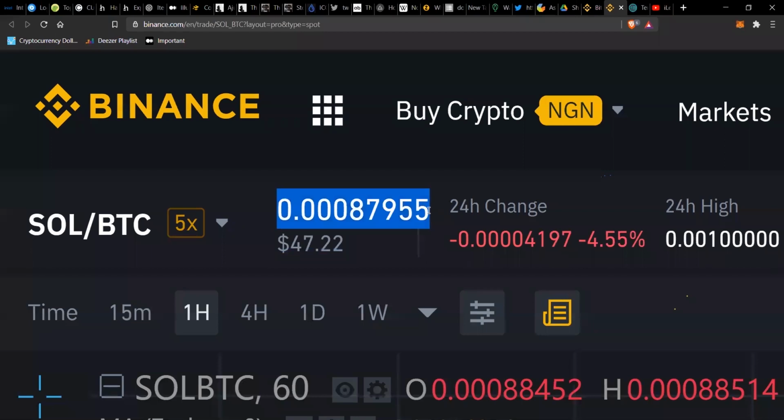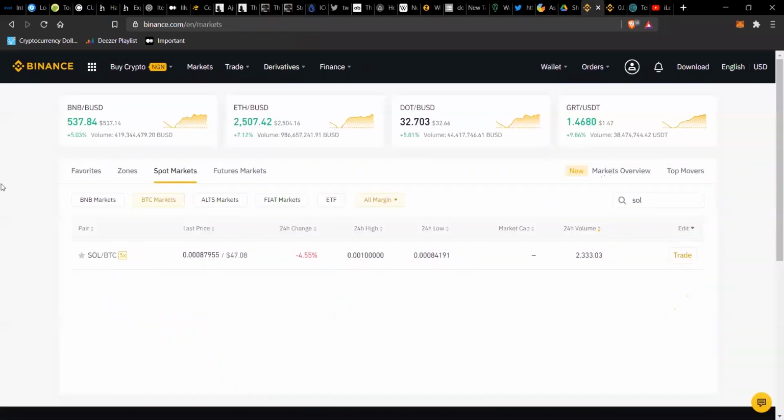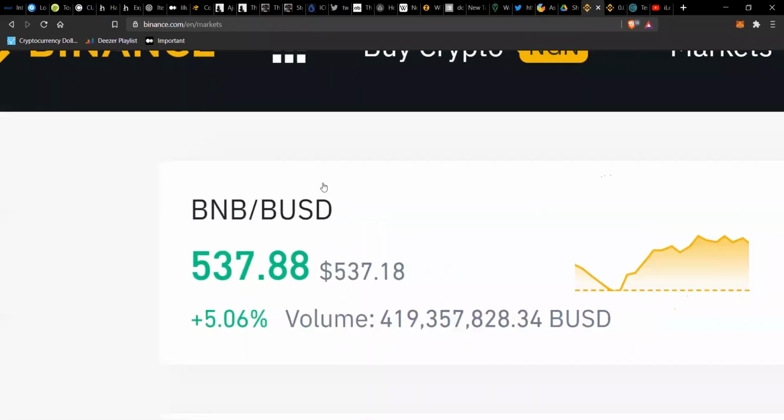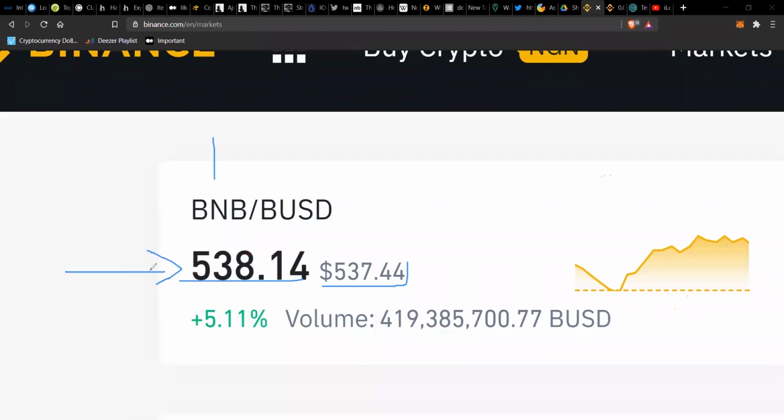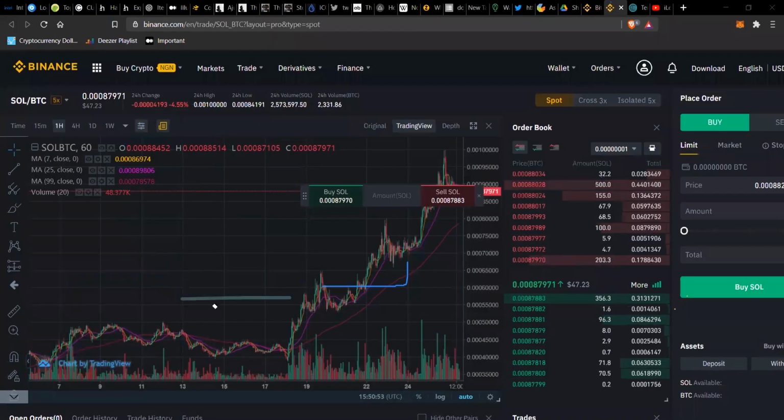Very, very important. You need to know the difference. That's why I explained it from this main screen here. If you're looking at this main screen, this is the price in dollar. Then this is the price in BUSD. So 1 BNB would cost me this amount of BUSD. The same way, coming to this other screen, I explain the same concept.